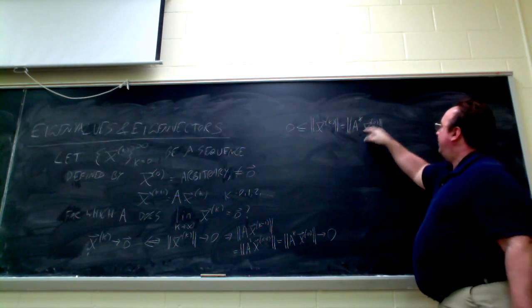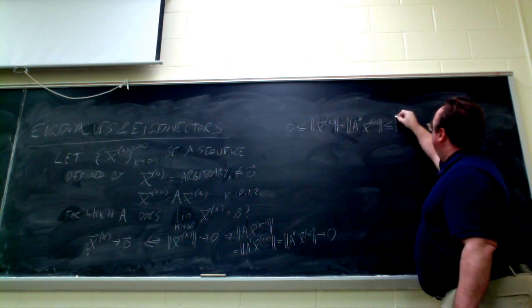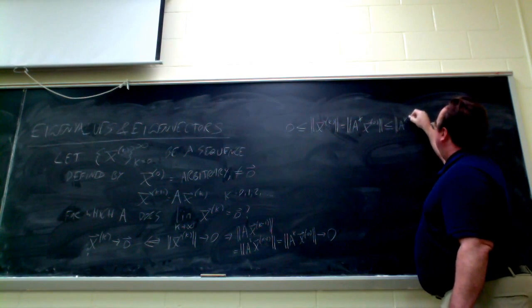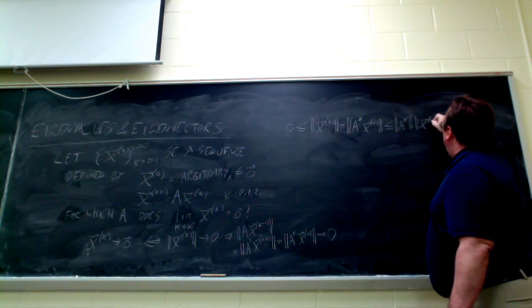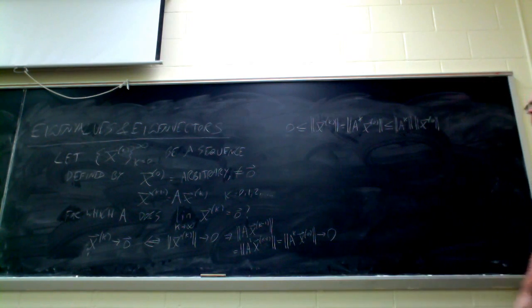But this is less than or equal to the norm of A to the k times the norm of x naught. That's the submultiplicative property I'm using here, that the norm of a matrix product is less than or equal to the product of the norms.